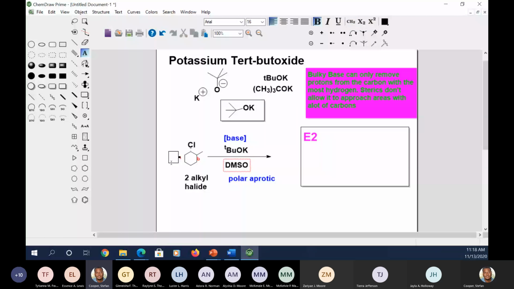What do you guys tell me? 2. All right, there's 2 hydrogens on the A side. And how many hydrogens on the B side? 1. Okay, that's 1.